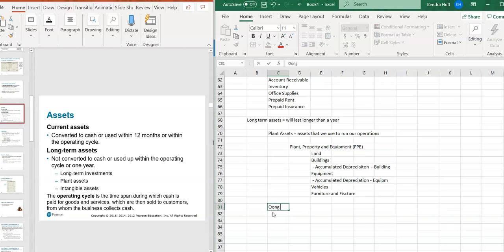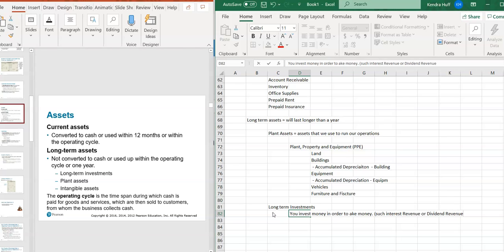All right, then you might have long-term investments. This is where you invest money in order to make money, such as interest or dividends. Interest revenue or dividend revenue.